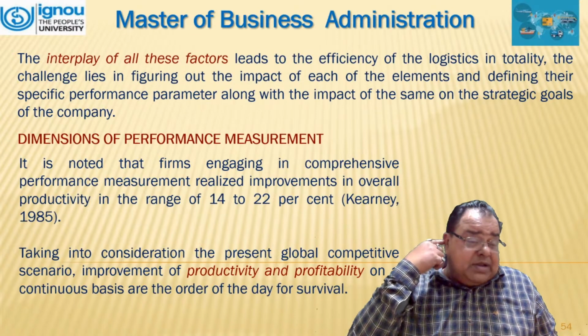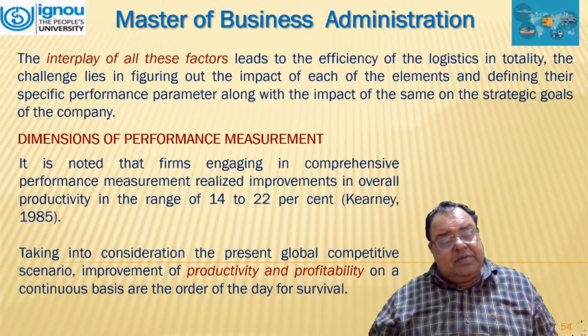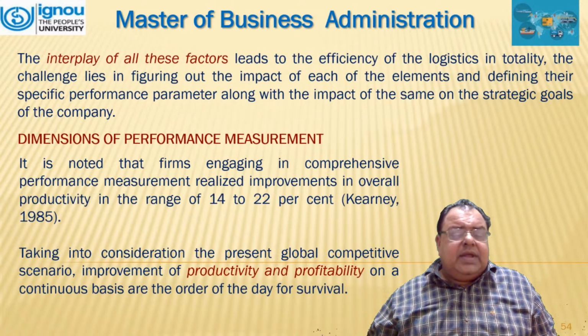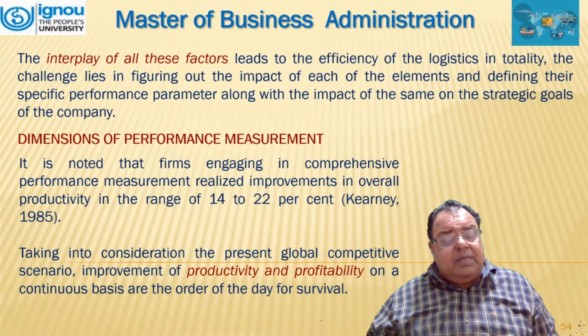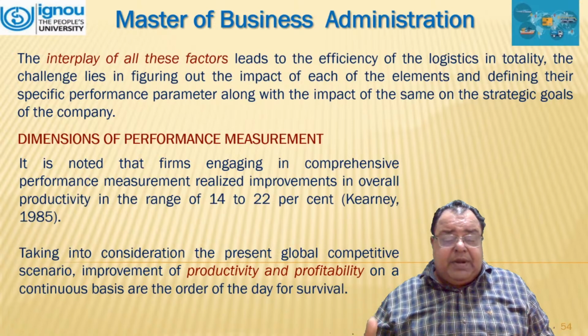Then comes the dimensions of performance measurement. It is noticed that firms engaging in comprehensive performance measurement realized improvements in overall productivity in the range of 14 to 22%, taking into consideration the present global competitive scenario.